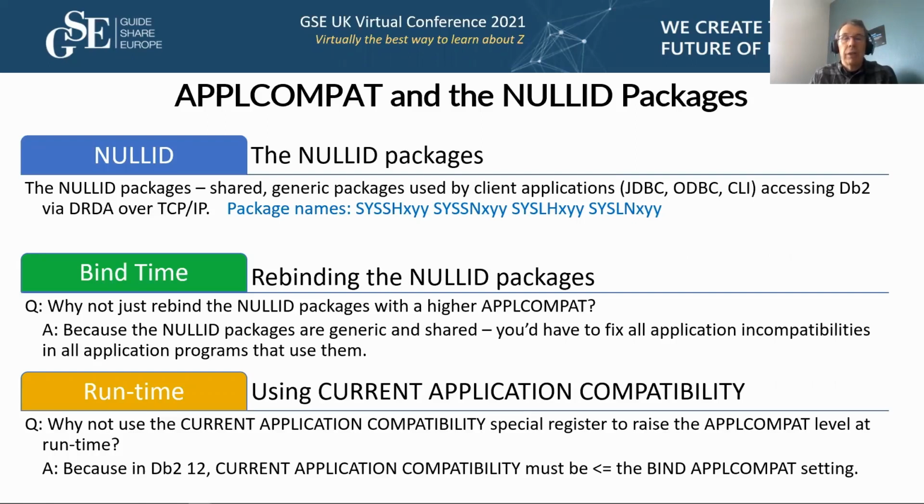So 1 indicates you're running with UR, 2 with cursor stability, 3 with RS, and 4 with RR. And then the YY are simply sequential numbers that increase depending upon the availability of packages. So you don't really want to worry about the YY numbers. The important ones are the H and the X.